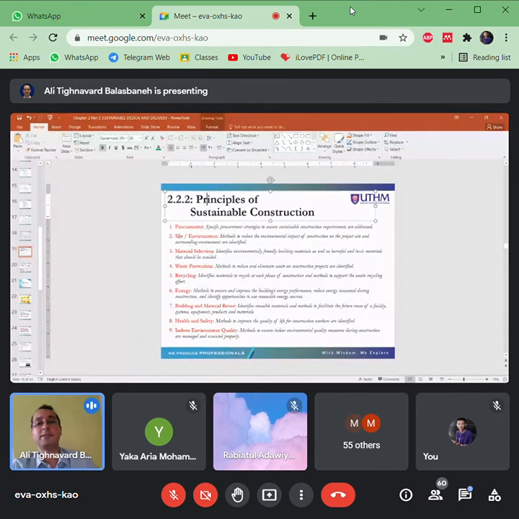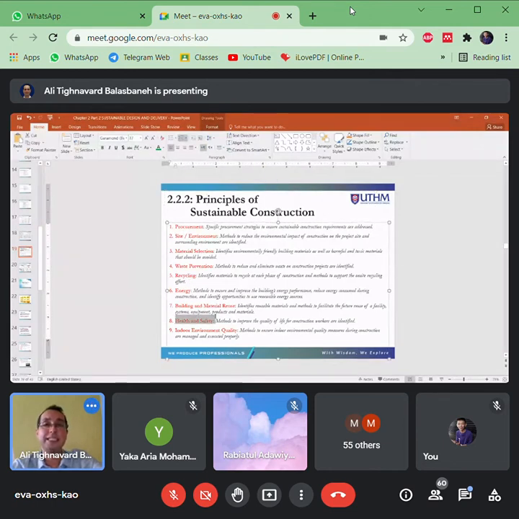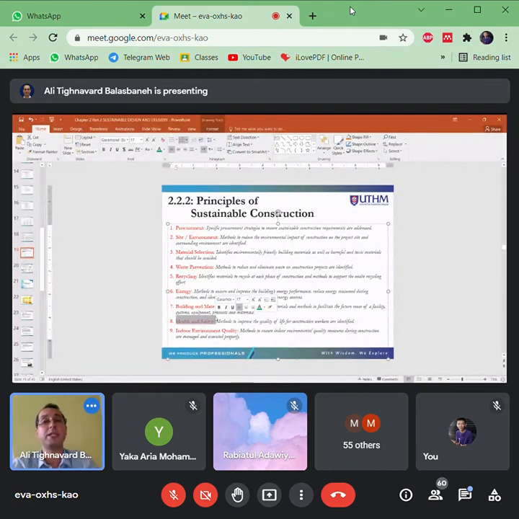The environment, site, material selection, waste prevention, recycling or reuse of the material, energy, building and material reuse. Okay, if we have reuse here, then number 5 is only recycling, health, safety, and indoor environment quality. So health and safety is not about the environment, but it's about the social life cycle or social sustainability.